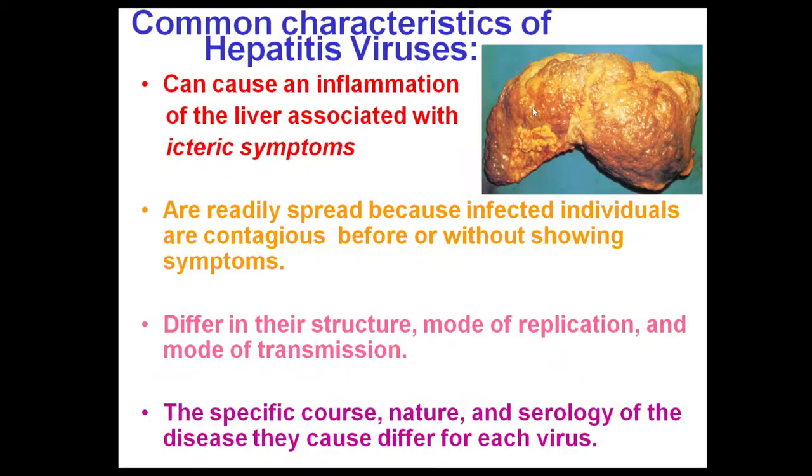So those hepatitis viruses have some common features, as we said. They cause an inflammatory response in the liver associated with icteric symptoms. I hope you know already that icteric symptoms is the development of so-called jaundice, and you can see the liver from a case of hepatitis infection.